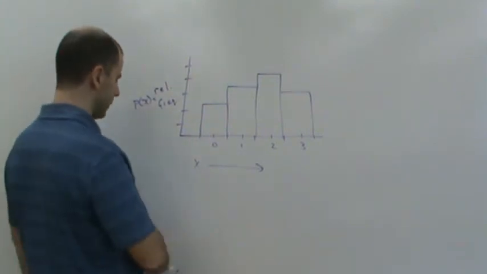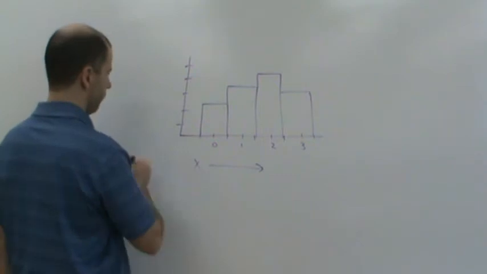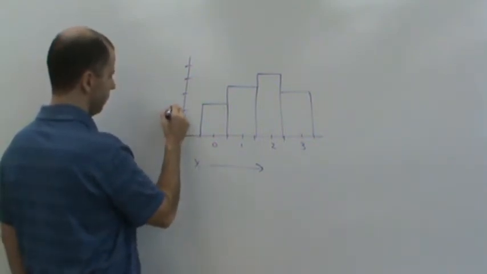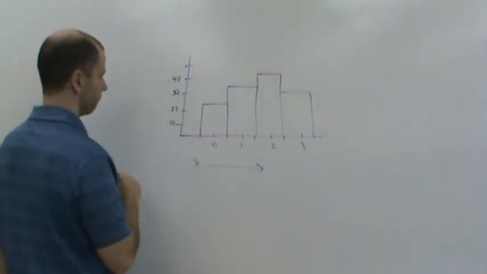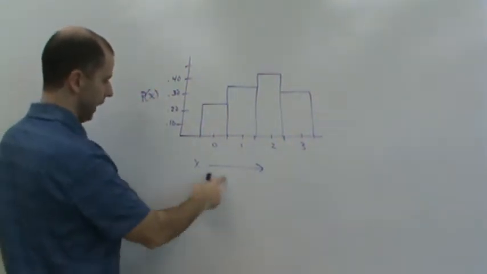In this case, let's say the heights are 0.1, 0.2, 0.3, and 0.4, and this is the probability of x.